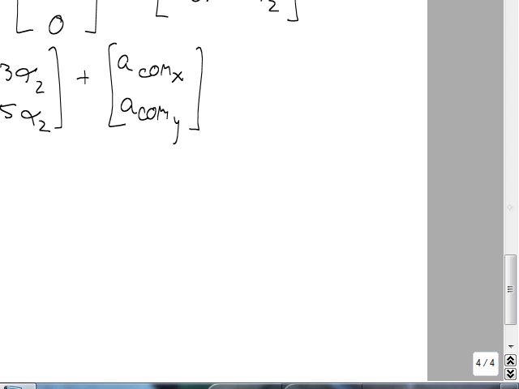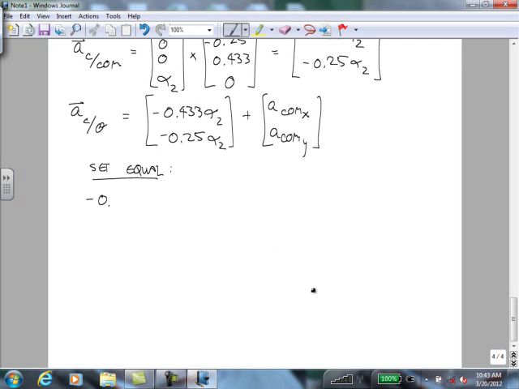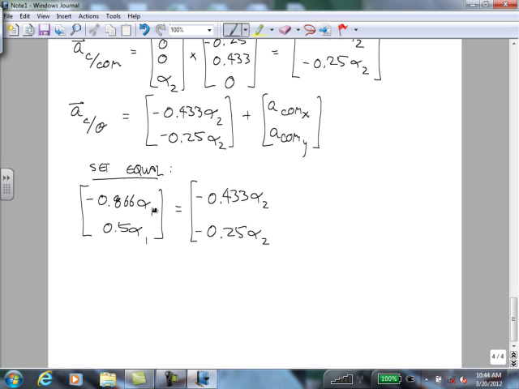So now we're going to set these two things equal. Negative 0.866 alpha 1, positive 0.5 alpha 1 is equal to negative 0.433 alpha 2, negative 0.25 alpha 2, plus ACOM x, ACOM y.